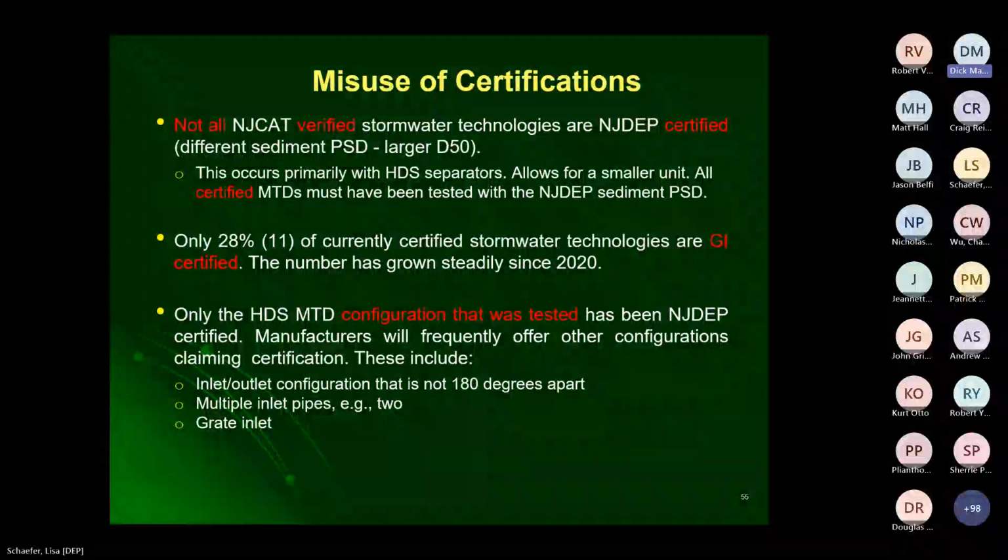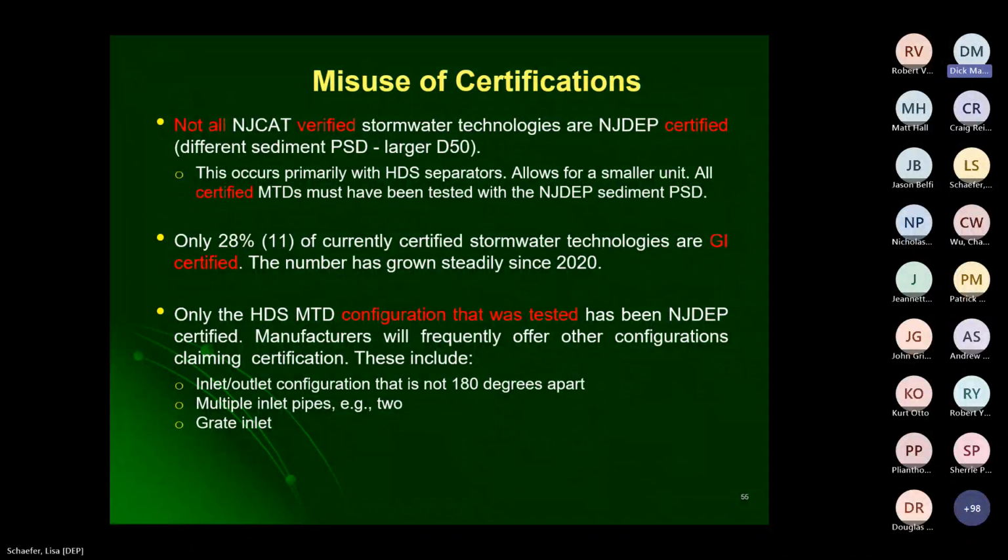And some are willing to accept a larger D50, maybe 110 microns. And you say, well, rather than 75, why is that so? Well, because they don't like filters and they think filters are hard to maintain. So they're saying, well, we'll accept a hydrodynamic separator that can separate 80% on a larger particle.